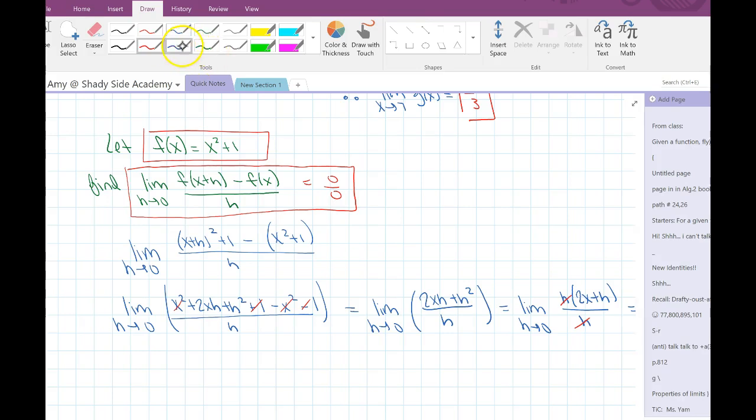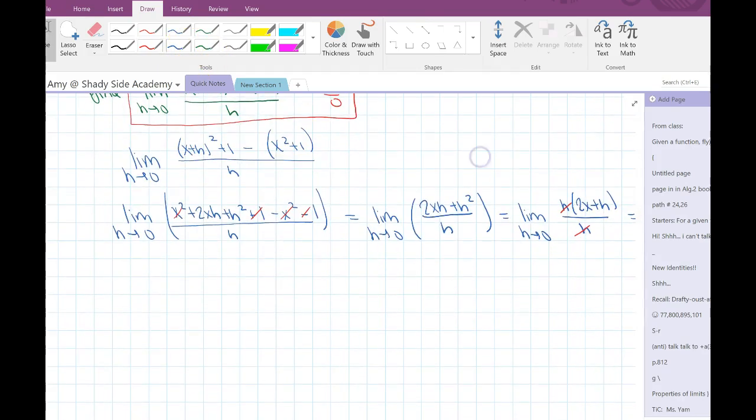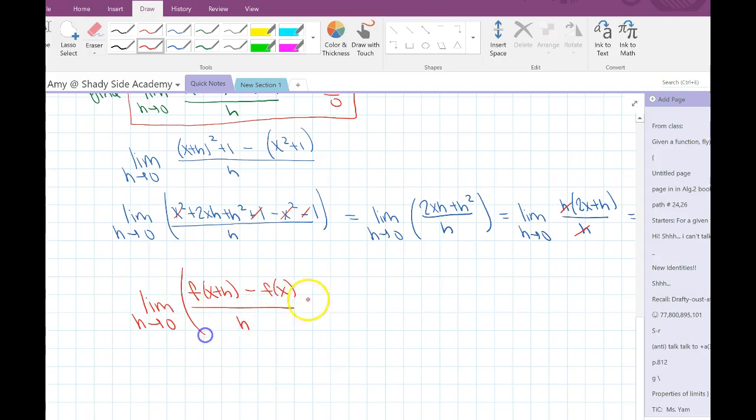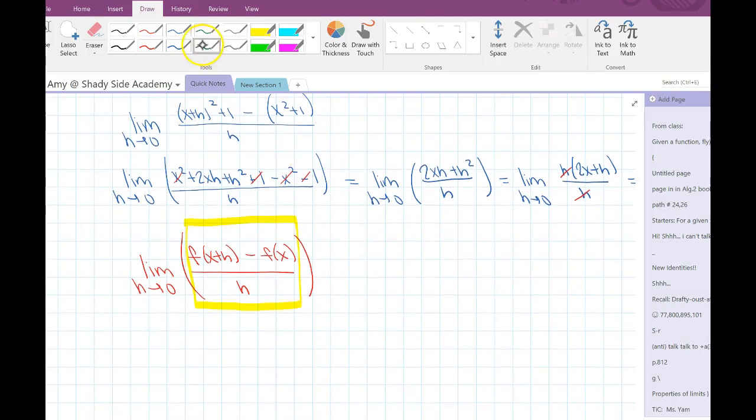This is called, maybe write it over here. When you have a function, whatever the function may be, this piece right here, f of x plus h minus f of x, all divided by h, this is called a difference quotient.